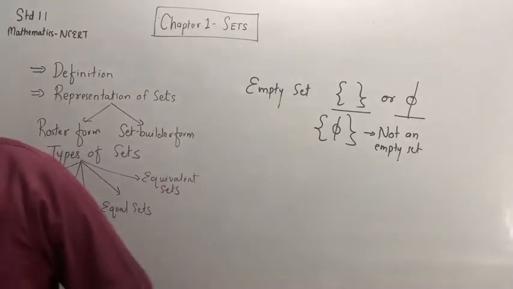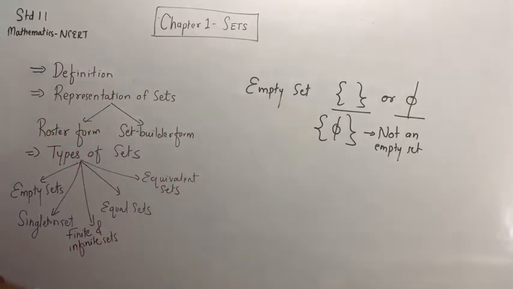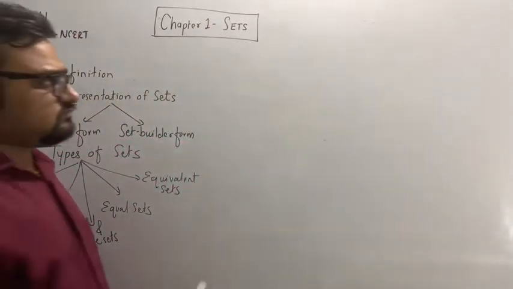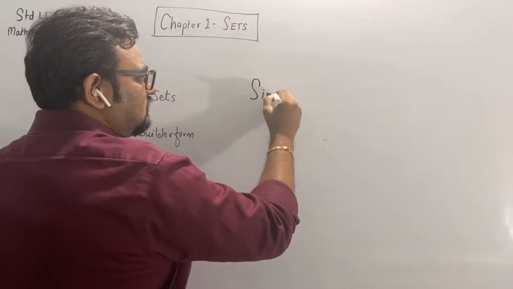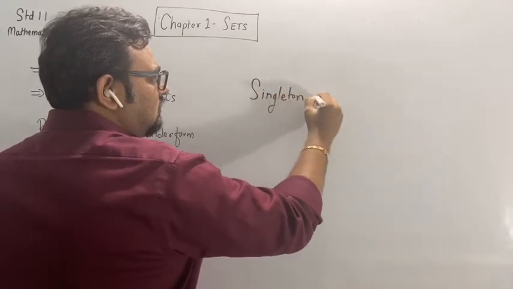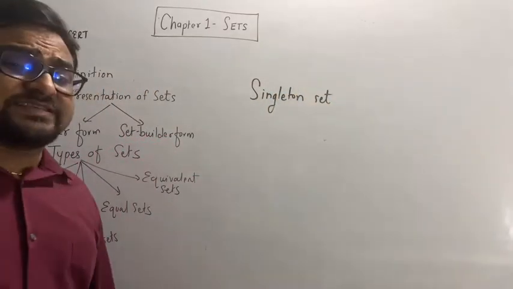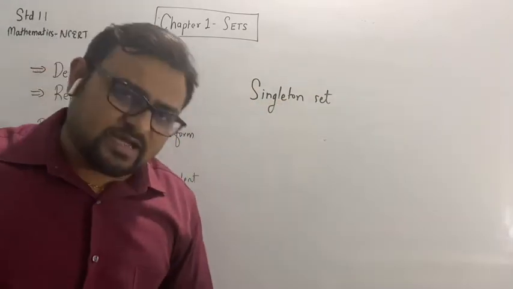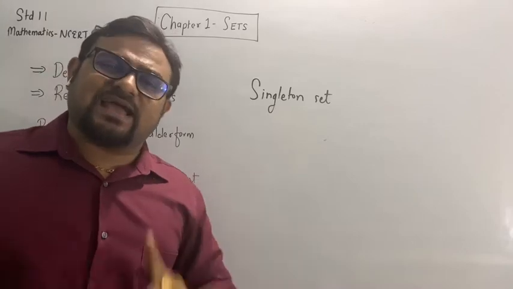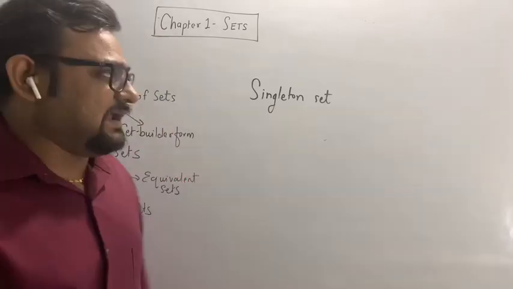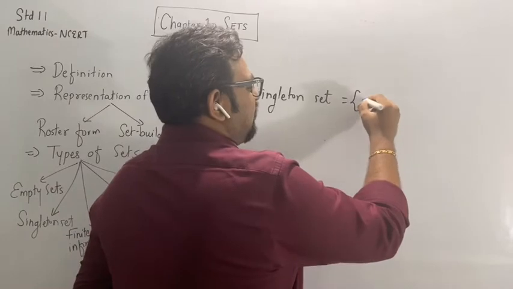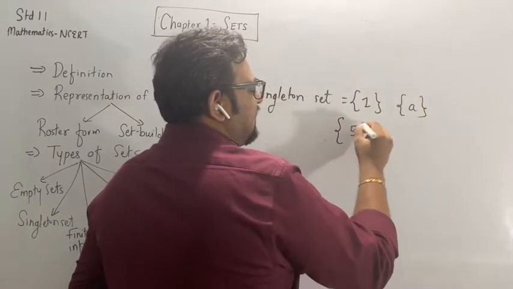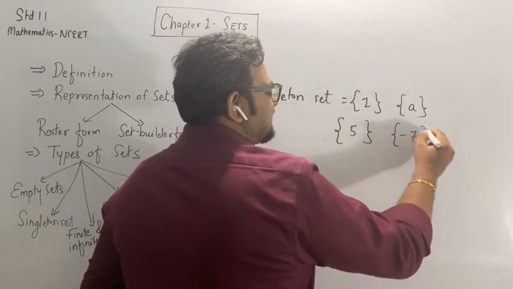Okay, now the next one, singleton set. Again, the name itself, single. Single means only one. The set which has only one element, like {1}, {a}, {5}, {-7}.